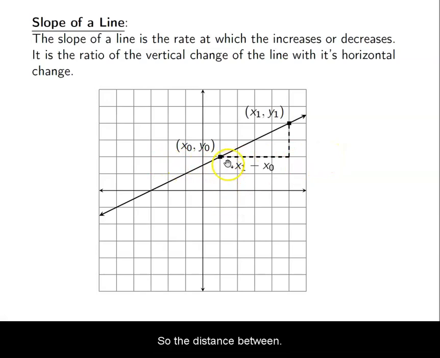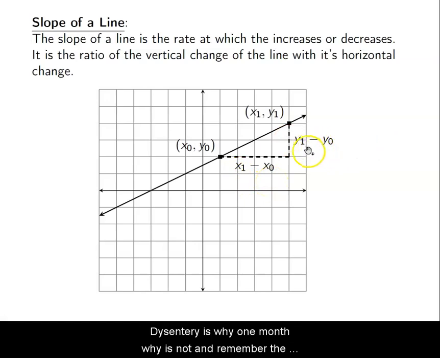The distance between this point and this point, as we've seen from the last video, is x1 minus x naught. The distance here is y1 minus y naught. And remember, the slope is the rate, so it's a ratio: the vertical change compared to the horizontal change. This is my vertical change, this is my horizontal change.